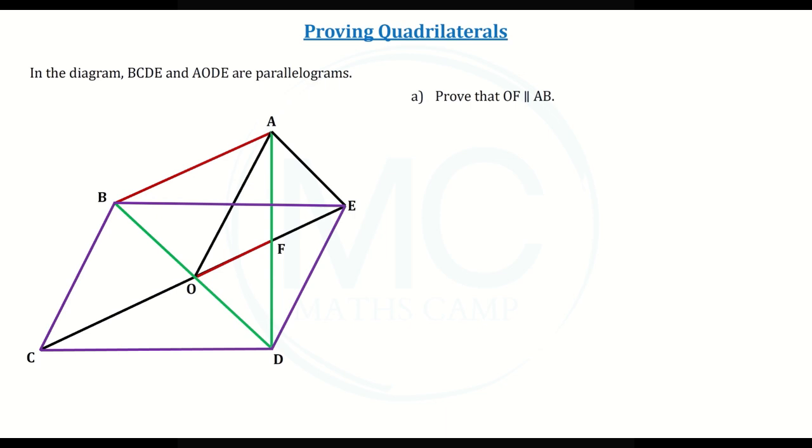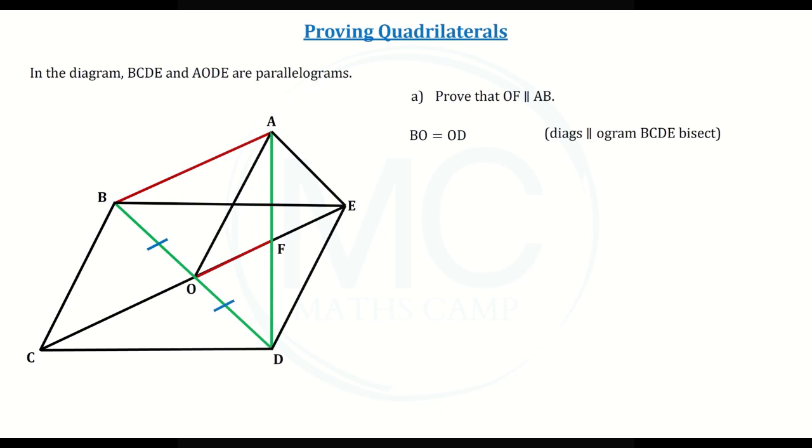So we can make a note, and we can say that BO is equal to OD. Because the diagonals of parallelogram BCDE bisect, let's put a small blue line on BO and a small blue line on OD to show that they are equal in length. Now let's take the purple parallelogram out of our diagram.